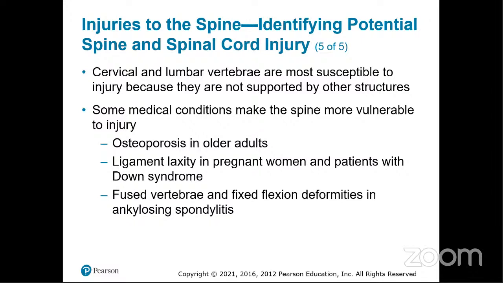Down syndrome patients have it all the time. If we get older and have fused vertebrae or fixed flexion deformities, can it take a hit very well at that point? No. It has nowhere to let that energy go, so it can be more susceptible to injury.